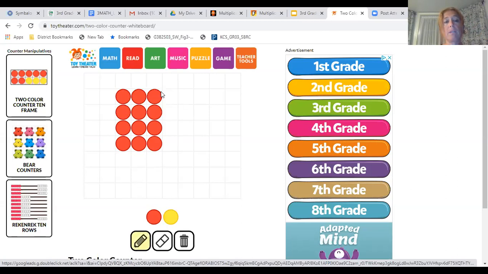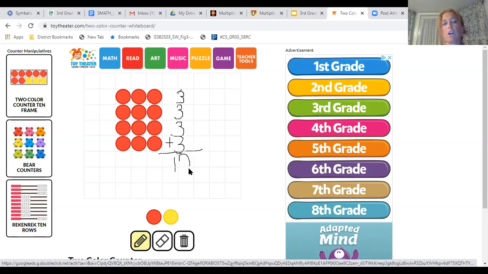Okay. Now, we can figure out the answer to this problem by either doing a repeated addition problem, which would be, there's 3 in this column, so it would be 3 plus 3 plus 3 plus 3, okay, which if we add that together equals 12. 1, 2, 3, 4, 5, 6, 7, 8, 9, 10, 11, 12.